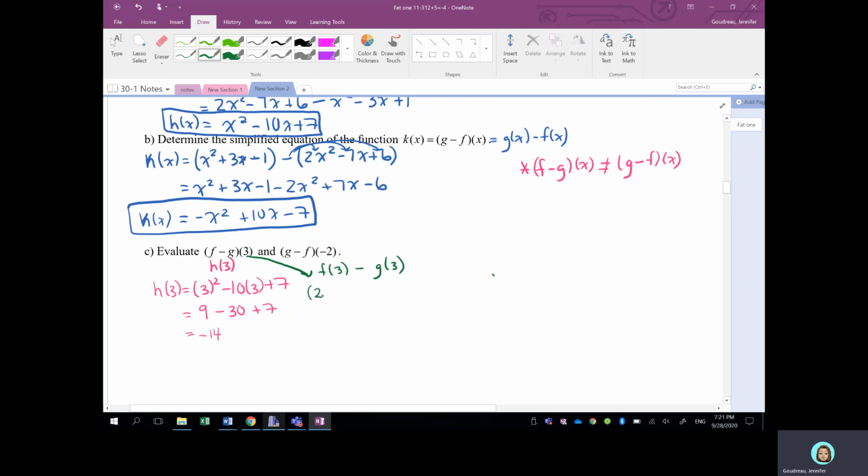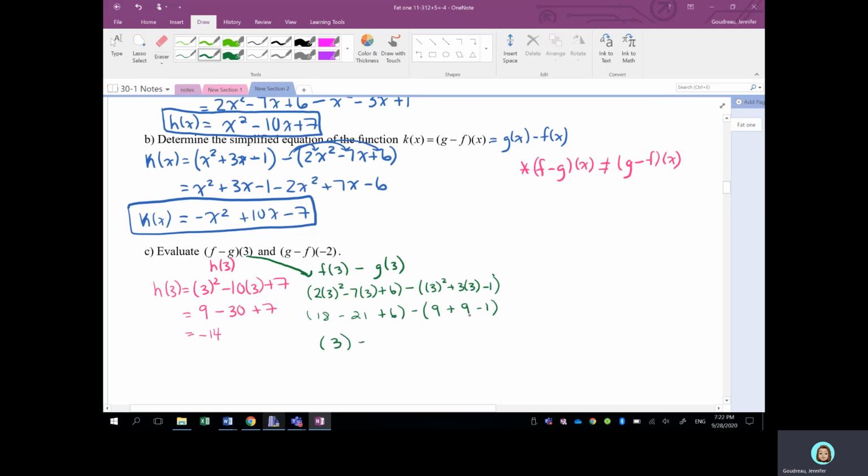So it would look like this: 2 times 3 squared minus 7 times 3 plus 6, minus 3 squared plus 3 times 3 minus 1. 3 squared is 9, times 2 is 18. 7 times 3 is 21, plus 6, minus 3 squared is 9. 3 times 3 is 9, minus 1. 18 minus 21 is negative 3, plus 6 is going to be positive 3.